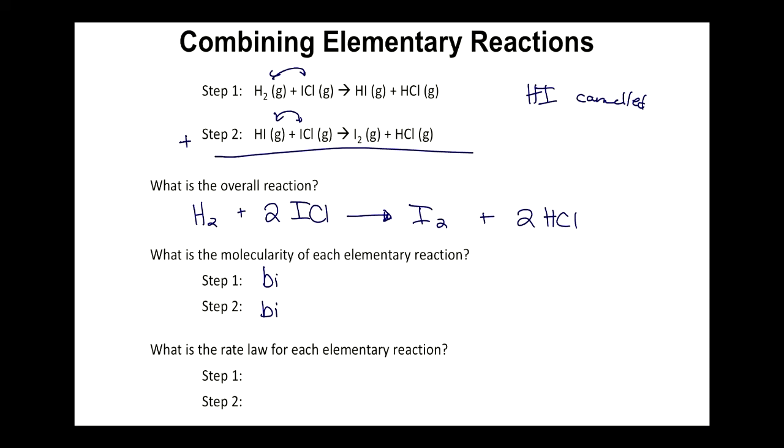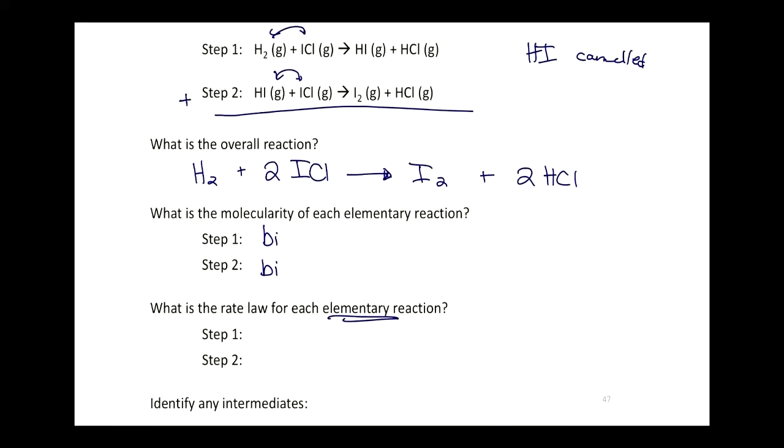Simply because these are elementary reactions, we can just take the stoichiometry and turn it into coefficients. We don't need to look at experimental data. We are just looking at the stoichiometry. So for step one, the rate is equal to the rate constant for that first step, which I don't know, so I'm going to call it k1, times the concentration of H2 times the concentration of ICl.